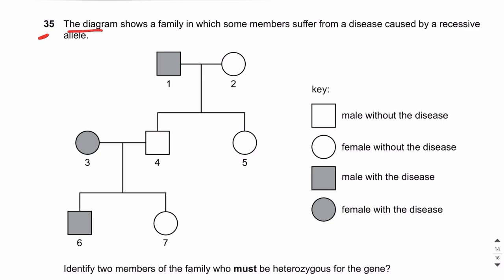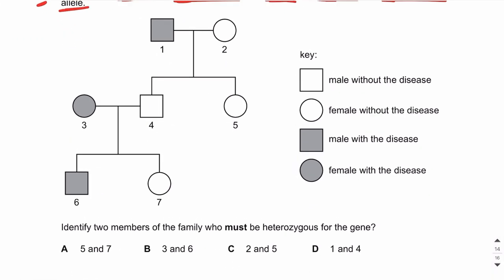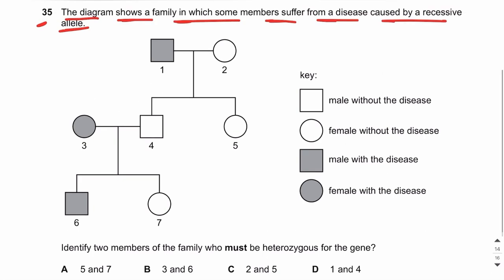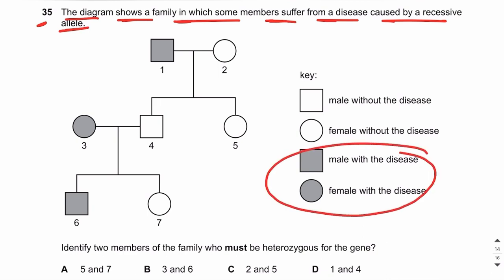The diagram shows a family in which some members suffer from a disease caused by a recessive allele. So guys, you need to note in this MCQ that the disease is caused by a recessive allele. And if the disease is caused by the recessive allele, the diseased individuals will be homozygous recessive, right?